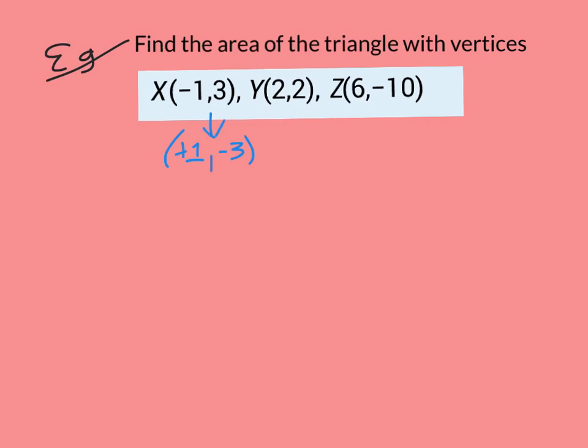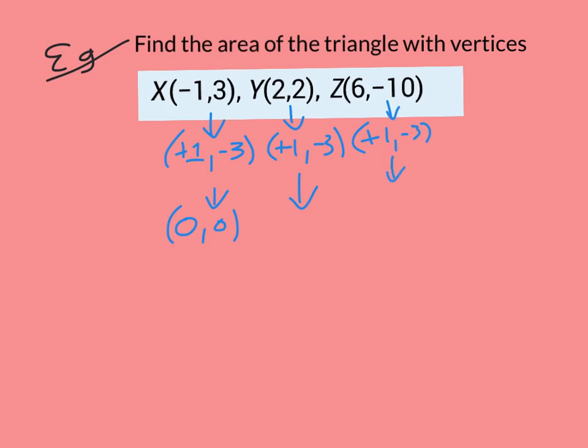So if I do that, I'll get 0, 0. And from what we know, we have to do that the whole way across. So I'm going to add 1, subtract 3 to that point there. And I'm going to add 1 and subtract 3 to this point here.